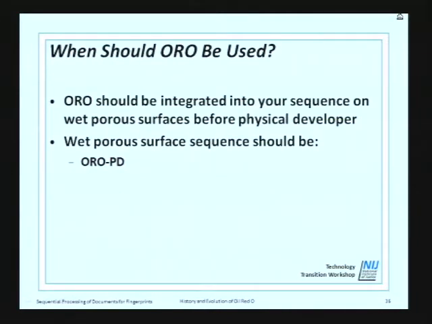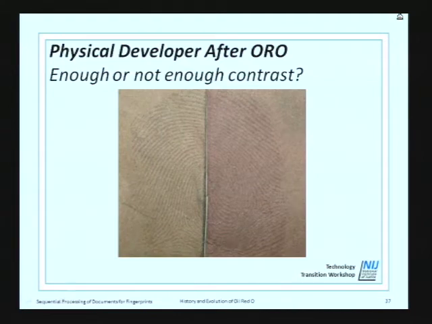So again, when do I use the Alredo? For wet porous surfaces, I'm going to use it just before the physical developer. So the sequence is going to be Alredo, then physical developer. Some people were asking me, if I use Alredo first and the physical developer afterward, will I have enough contrast to get results? If you could just shut down the light a bit.